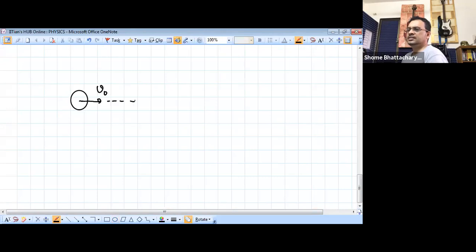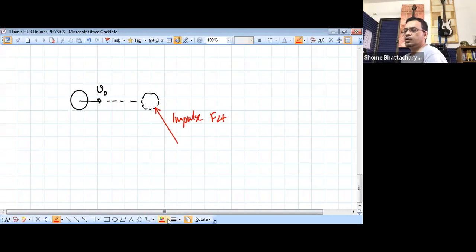As it's moving like this, at some stage, it collides with something else, which applies this kind of a force on it. So it applies what we call an impulse. It is force into time.